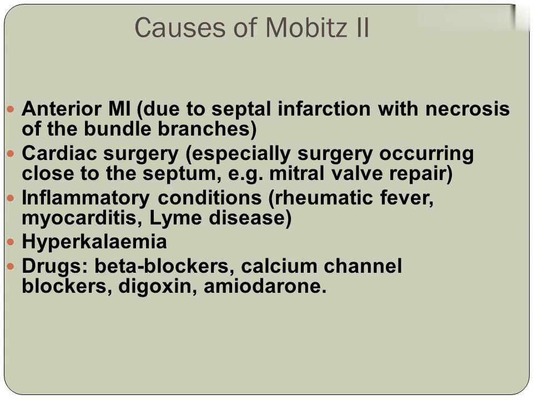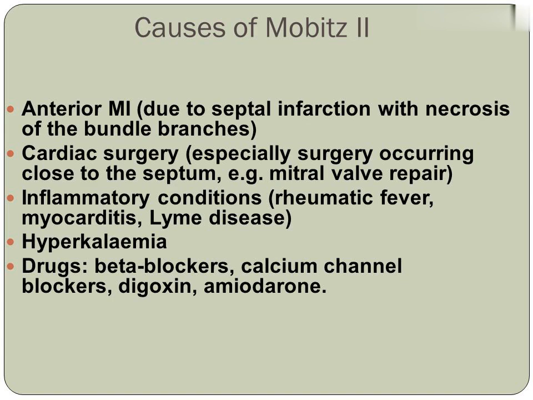Example of Mobitz 2. Arrows indicate dropped QRS complexes, i.e. non-conducted P waves. Mechanism: Mobitz 2 is usually due to failure of conduction at the level of the His-Purkinje system, i.e. below the AV node.